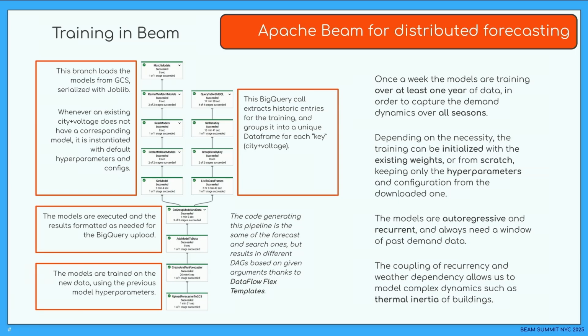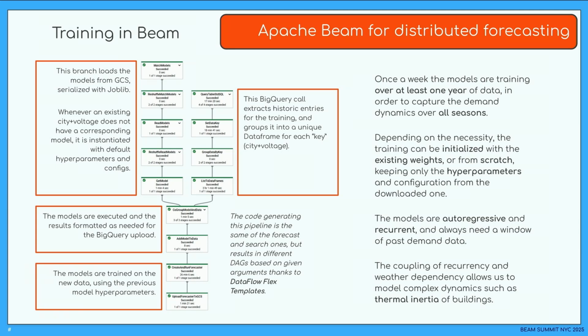The other step is training. Training is very similar. It's the same pipeline, but due to different parameterization in the first step, it spawns a different DAG. What we are doing here is downloading the existing model and the historic data, and doing another training. The output here is an upload of a model and not of new inference data.